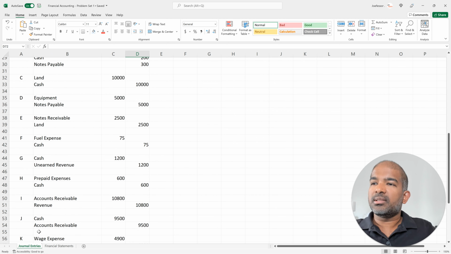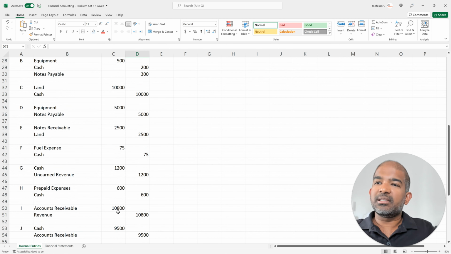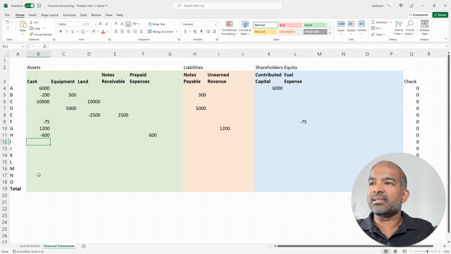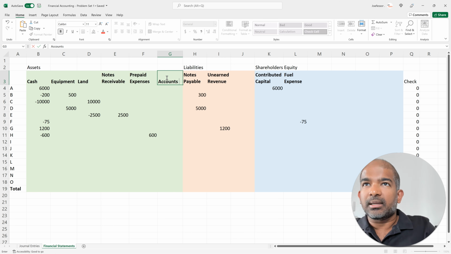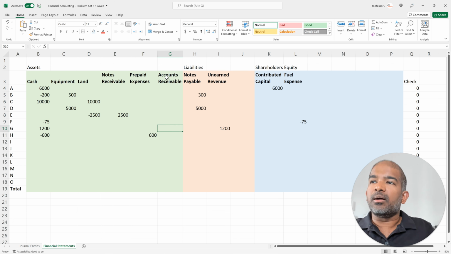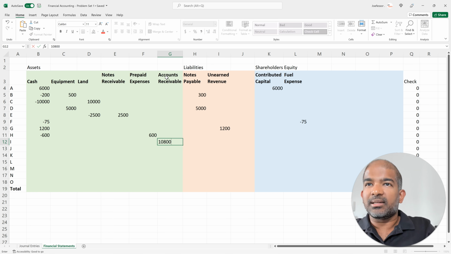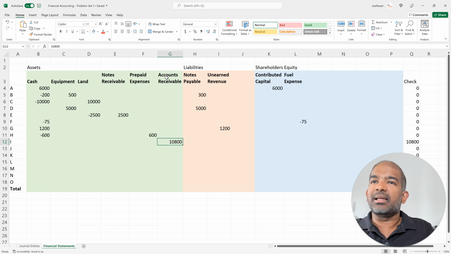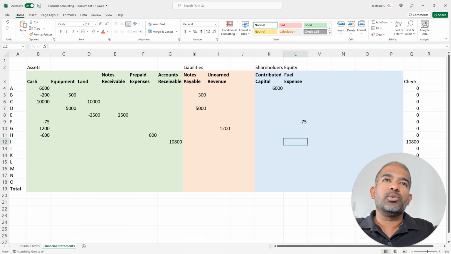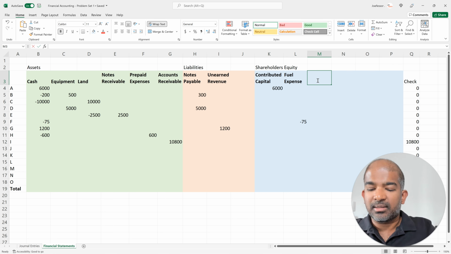The next transaction, accounts receivable increases by 10,800 and you have a revenue of 10,800. Accounts receivable is an asset, so we're going to create that. Accounts receivable of 10,800, and we have revenue of 10,800.